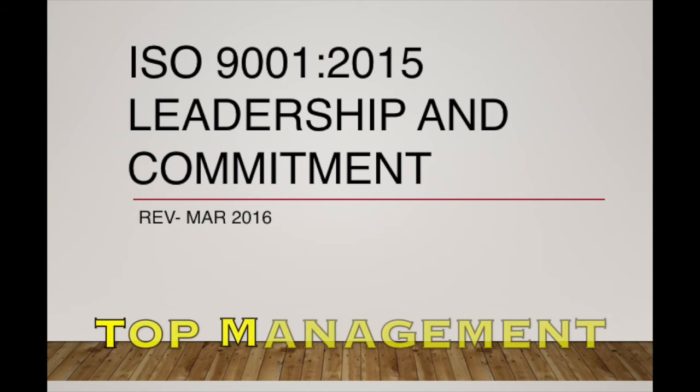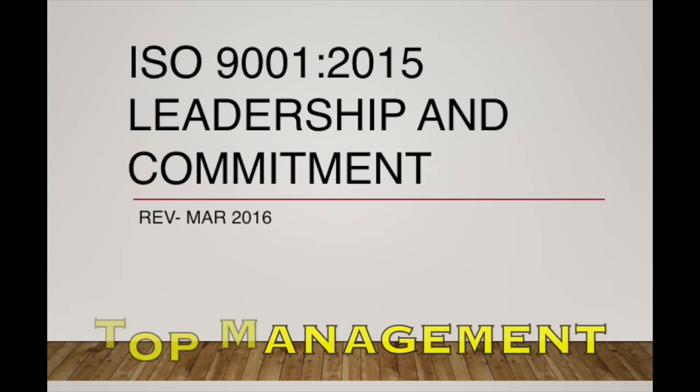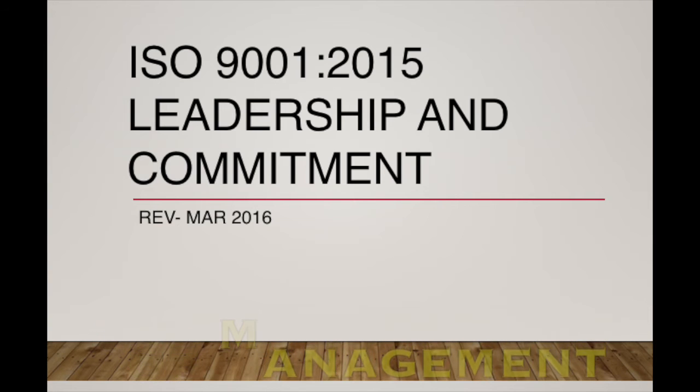Leadership is at all levels of the organization, whereas top management is the very top layer of the organization. Top management is ultimately responsible for the effectiveness of the quality management system.